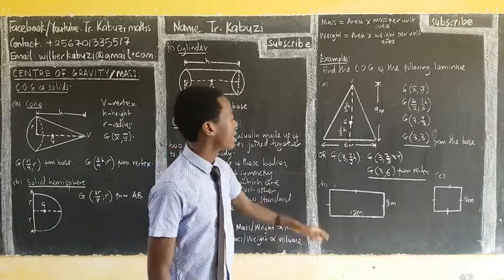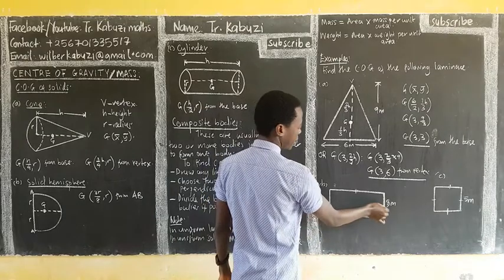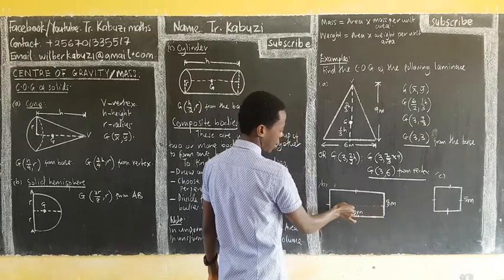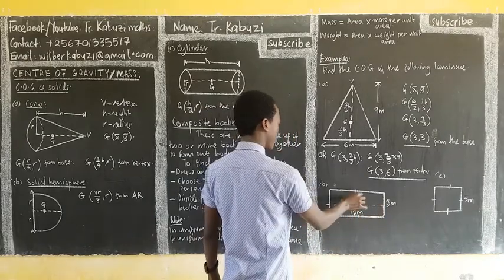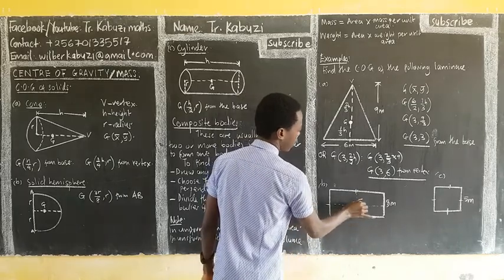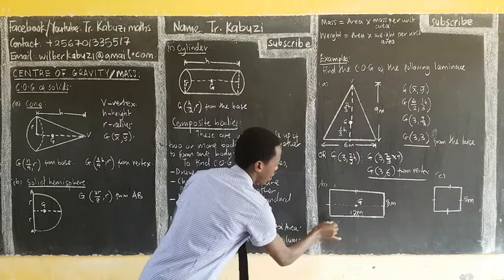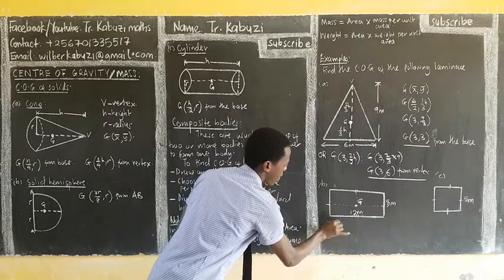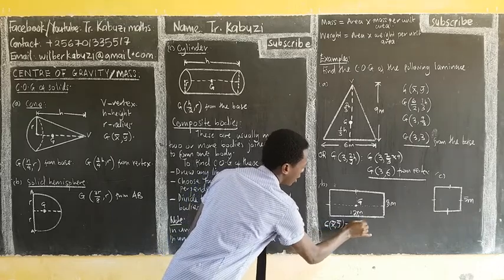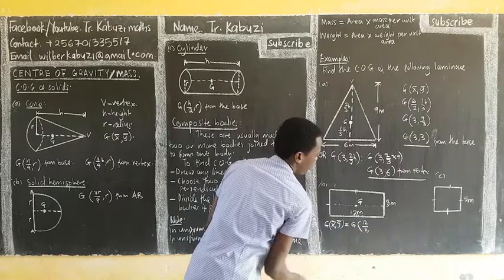Okay, now let us get the center of gravity for this. This one, these are very easy. Our line of symmetry is going to be here. We divide that into 2 and also divide this into 2. What does it mean? It means that our center of gravity is going to be located there. So half of this. So our x bar, y bar is going to be a half of 12.